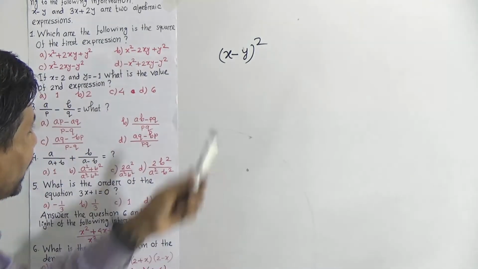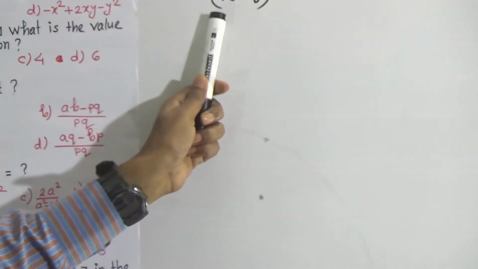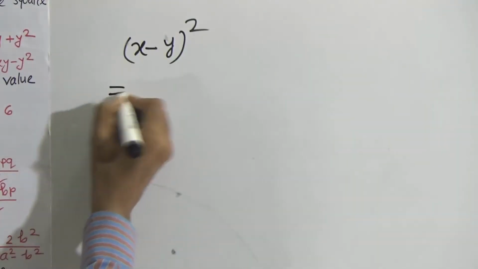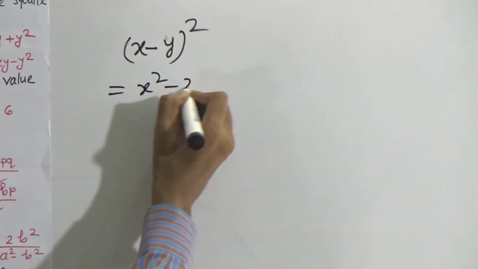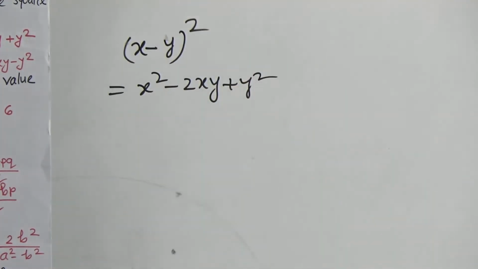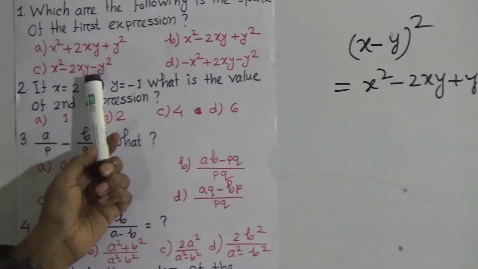According to this formula, we can write x square minus 2xy plus y square. Now see which option is correct.